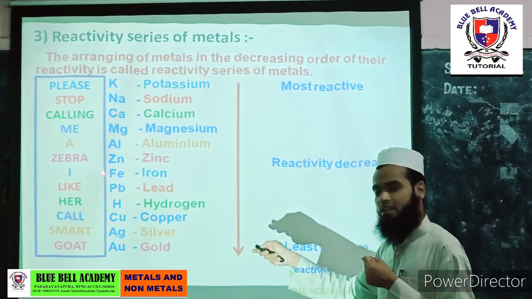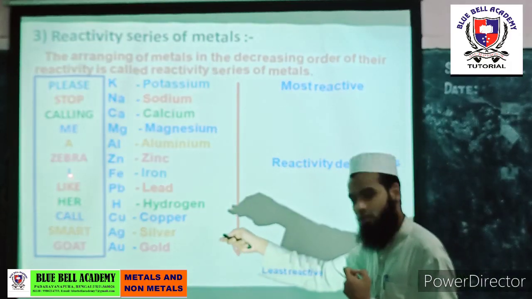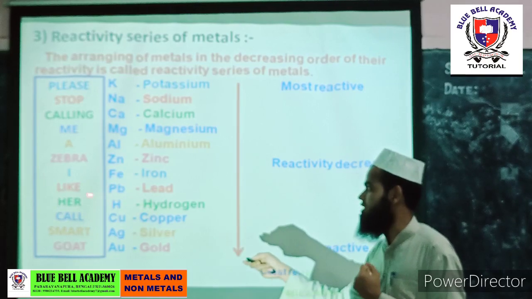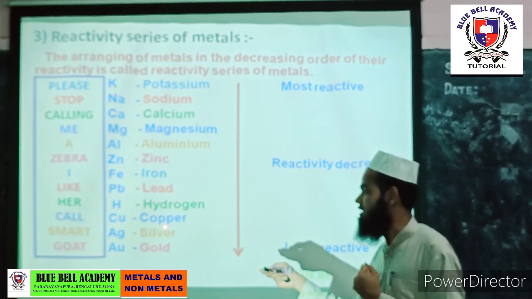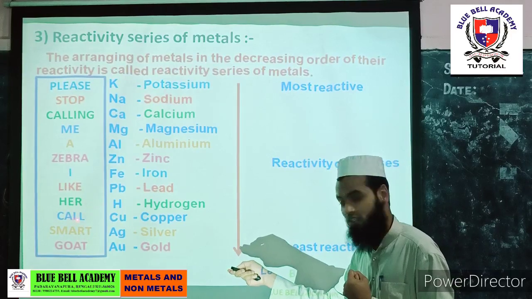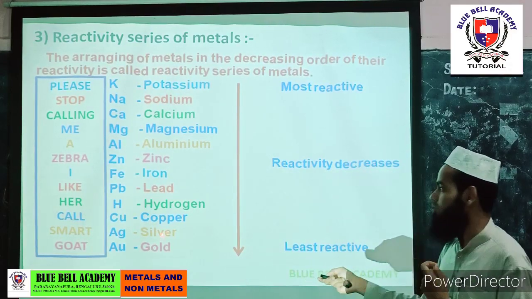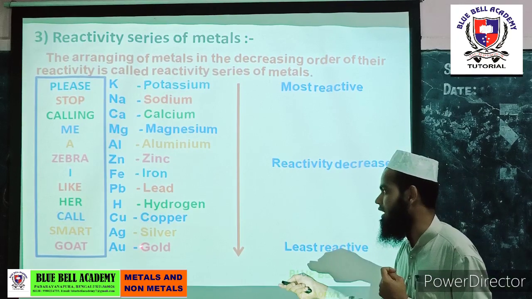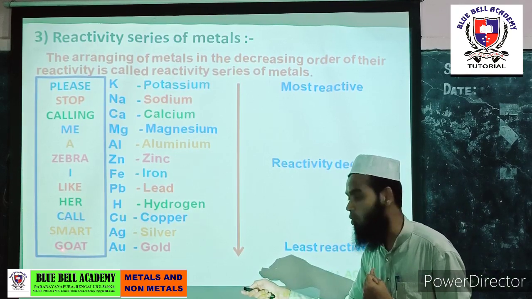Iron, Fe is the symbol, but I have used the mnemonic I. Lead, like. Hydrogen, her. Cu is copper, for which I have used call. Silver, in the place of S, I have used smart. Gold, for which I have used gold.